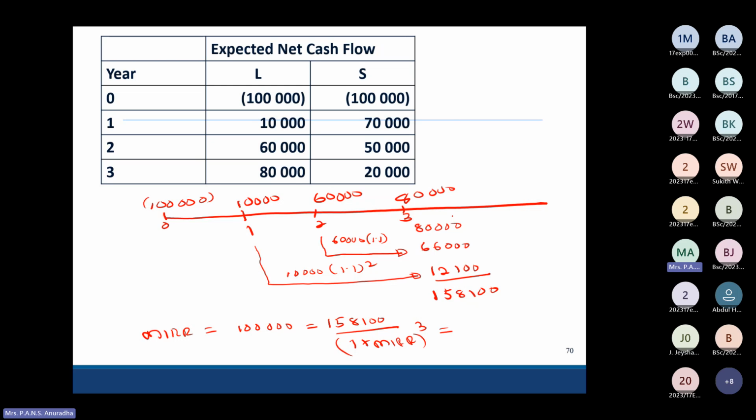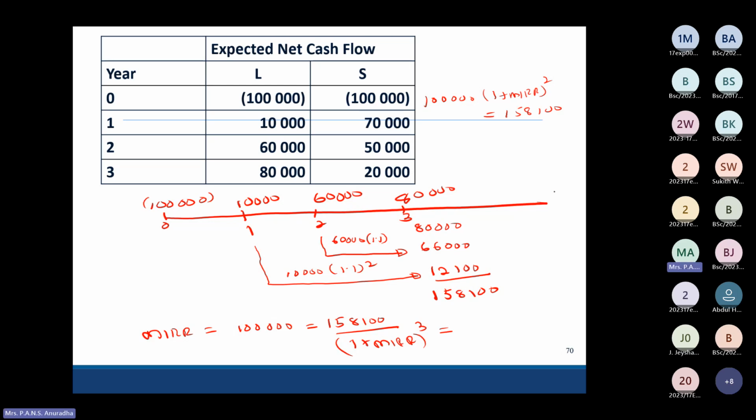So you can rewrite this by cross multiplication: 100,000 into (1 plus MIRR) to the power 2 is equal to 158,100. So then you can divide 158,100 by 100,000.